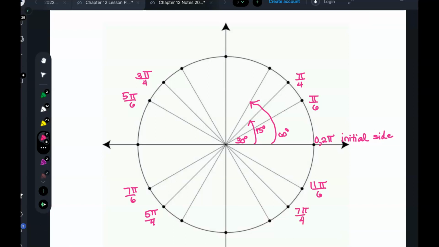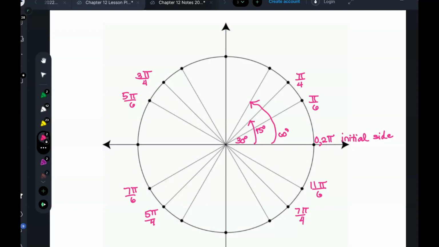I'm trying to get you to see the patterns with the numbers. Anything that's a 45 degree will always be something pi over 4. A 30 degree will always be something pi over 6. And a 60 will always be something pi over 3. So think 45, 4, 4.